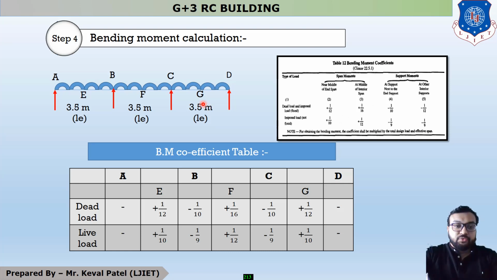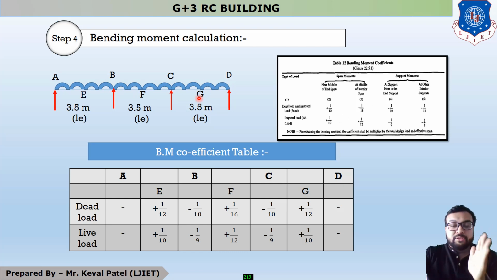The first span has two supports, A and B. The second span has supports B and C, and the third span has supports C and D. So you can see that you have 4 supports, A, B, C and D, and 3 spans, E, F and G.